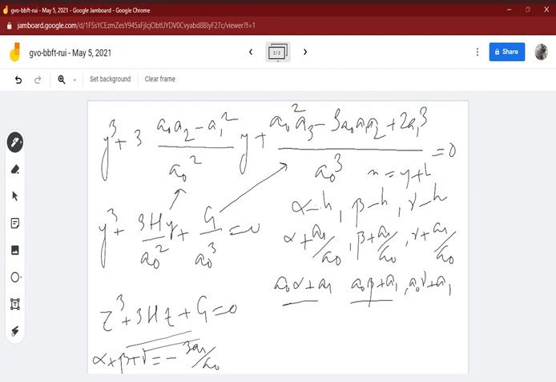So using this relation, we can write the roots as a0 by 3 (2 alpha minus beta minus gamma), a0 by 3 (2 beta minus gamma minus alpha), and a0 by 3 (2 gamma minus alpha minus beta). So these are the roots of this cubic equation, z cube plus 3h z plus g. Is that clear?